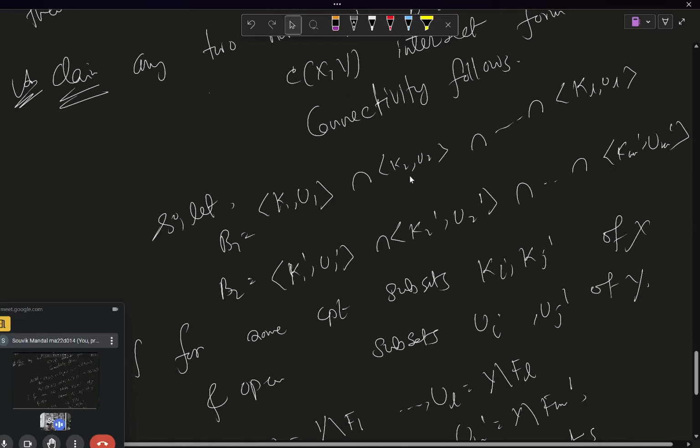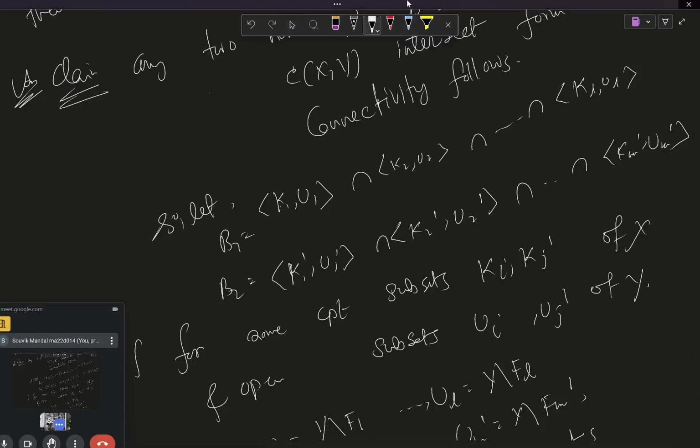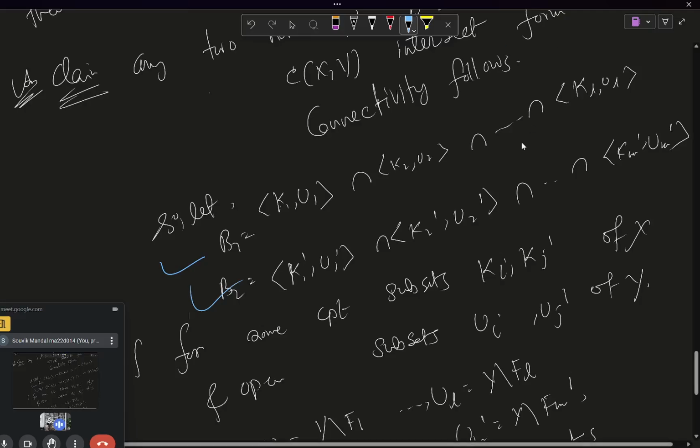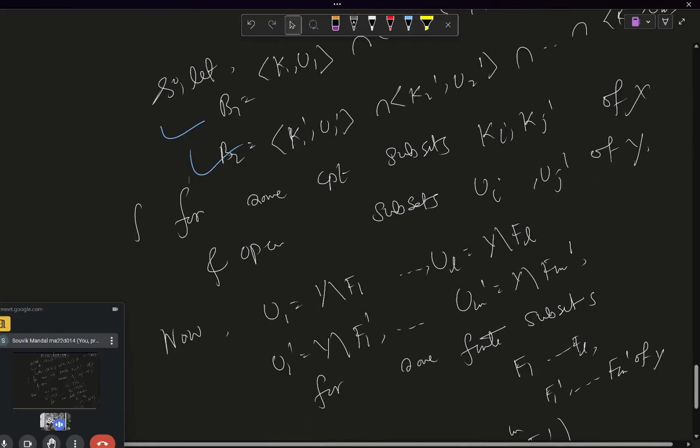So we took two non-open sets V1 and V2, K1 intersection E1, K2 and K1 dash, E1 dash, for the compact sets K_i, K_j dash, and for some open subsets U_i, U_j dash. Now U1 is equal to Y minus F1, E1 dash is equal to Y minus F1 dash, for some finite subset F1.